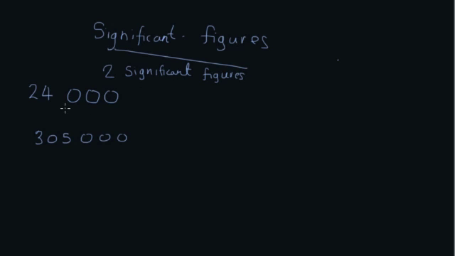So when we're doing significant figures, the best way to look at it is at the number from the left hand direction. So the furthest left is the number 2. So we've got 1, 2. These are the two significant figures, the 2 and the 4.